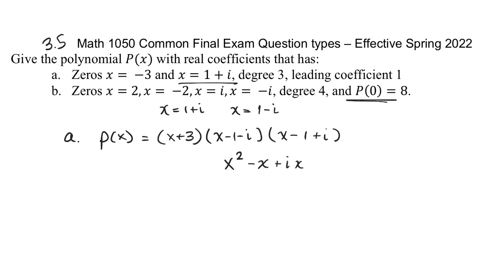Then negative 1 times x is another negative x. Then negative 1 times negative 1 is positive 1. Then negative 1 times i is negative i. Then negative i times x is minus ix. Negative i times negative 1 is positive i. And negative i times positive i is negative i squared.